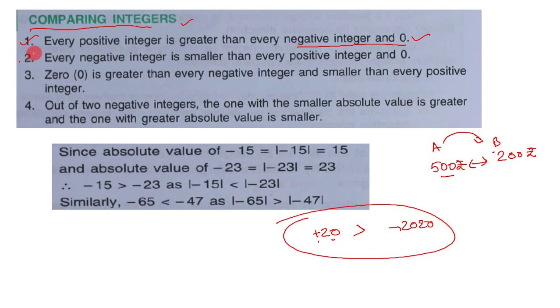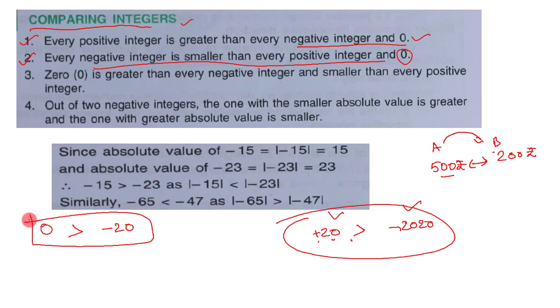The second point is that every negative integer is smaller than a positive integer. This is just the converse of the first point. If every positive integer is greater than a negative integer, then every negative integer is less than a positive integer. And 0 is greater than all the negative integers. If we are asked to compare 0 and minus 20, we will say that 0 is greater, because 0 is greater than all negative integers.